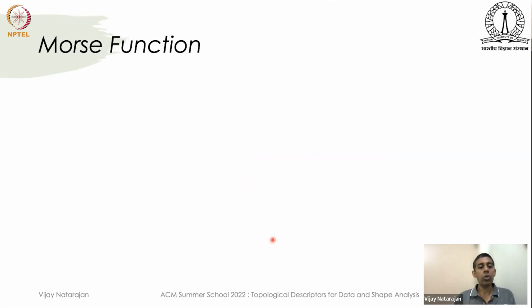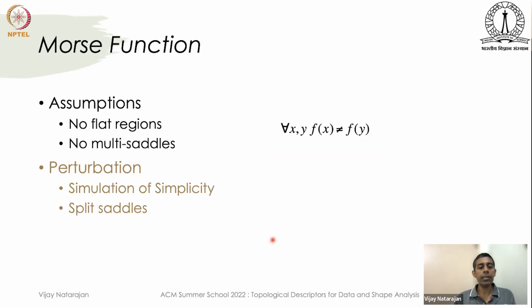There are certain assumptions that were made when we introduced Morse functions. We assumed no degeneracy and so on. Like I said, these assumptions are frequently broken when you have data in practice. But there are good ways to handle these degeneracies.